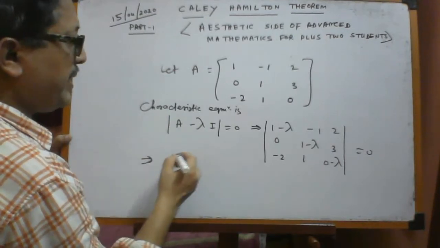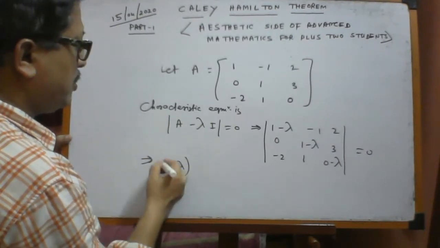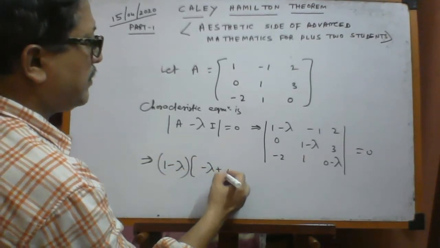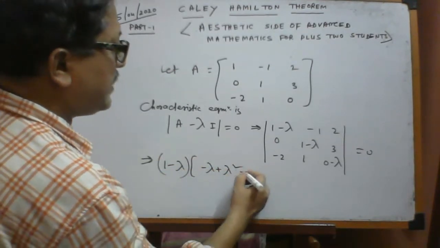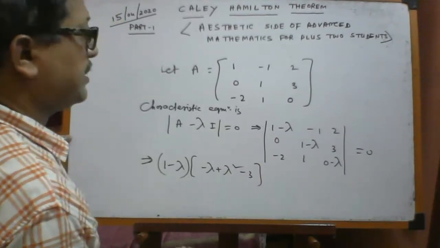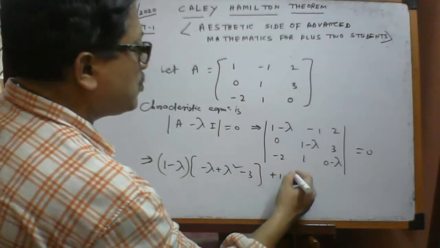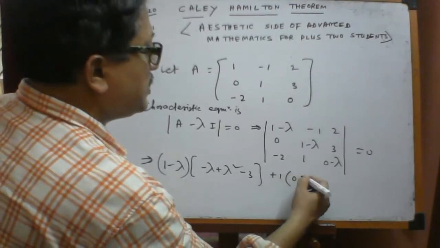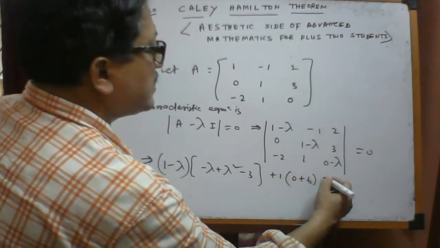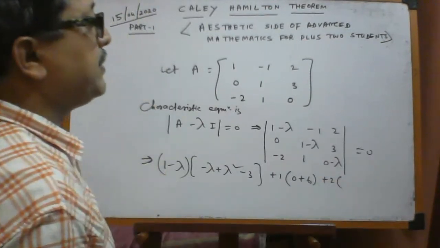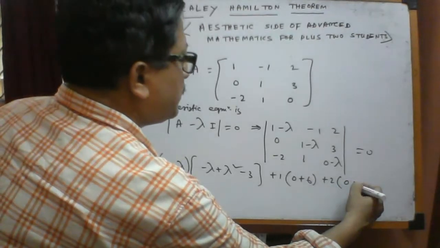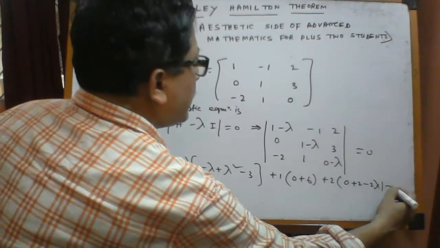So this implies 1 minus lambda plus lambda square minus 3 plus 1 into 0 plus 6 plus 2 into 0 plus 2 minus 2 lambda equal to 0.